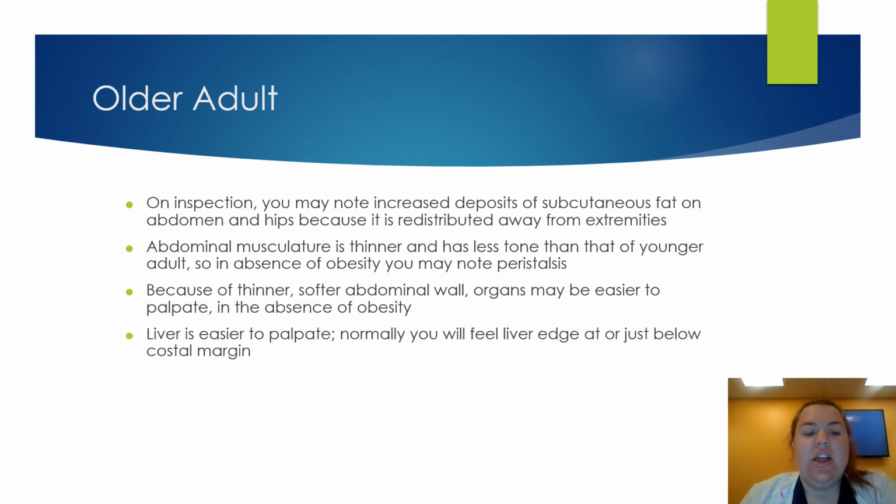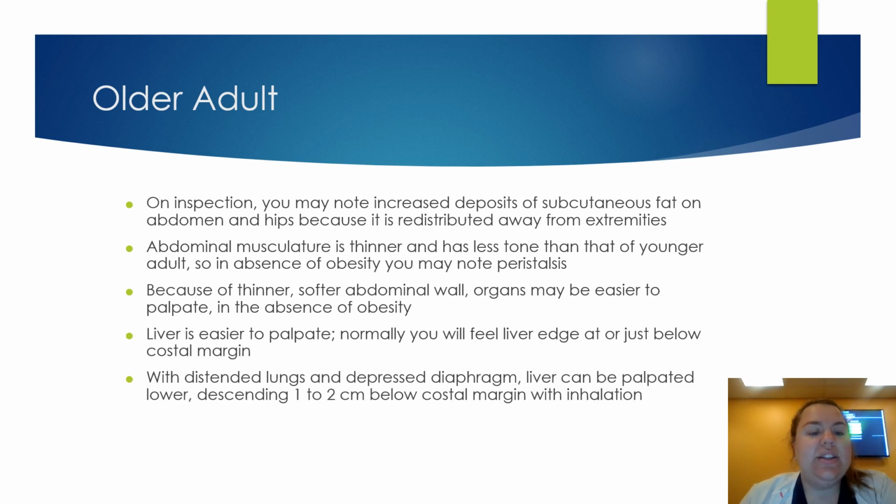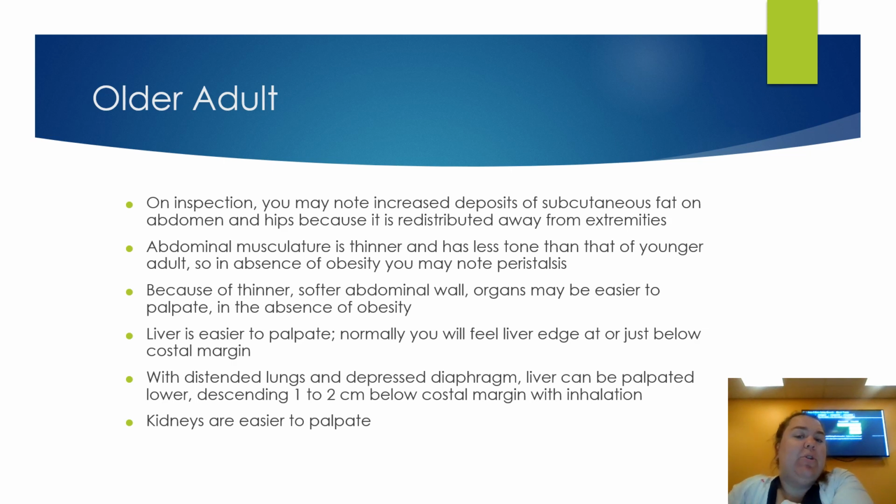The liver is easier to palpate. Normally you'll feel the liver edge at or just below the costal margin. With distended lungs and depressed diaphragm, the liver can be palpated lower, but again, usually it's not palpated. The kidneys are easier to palpate. Now, keep in mind, if your client is morbidly overweight, this could be very difficult.